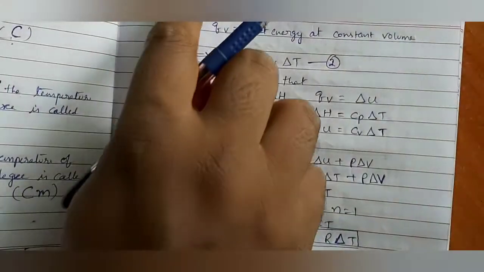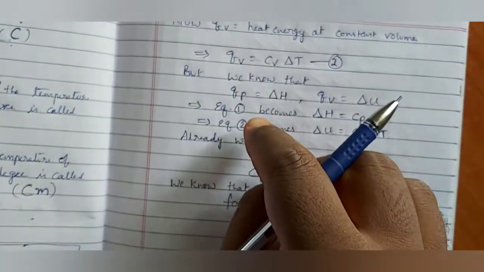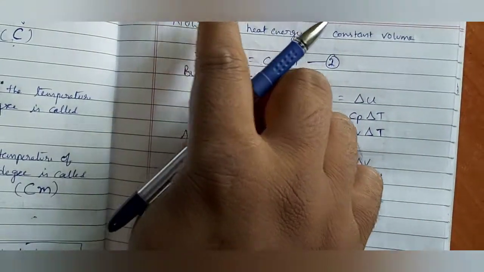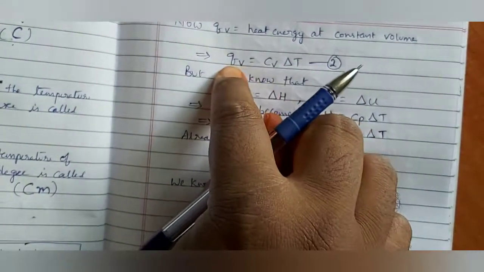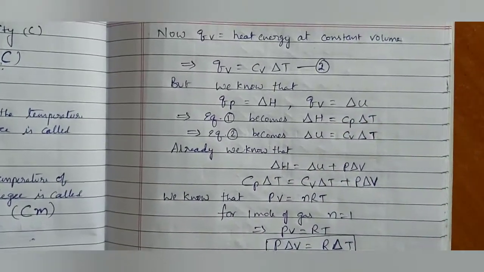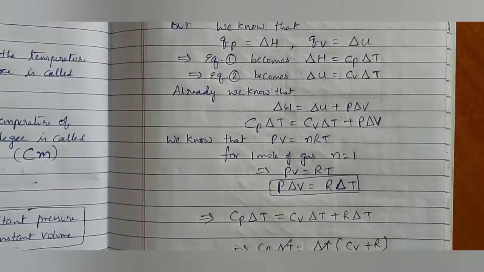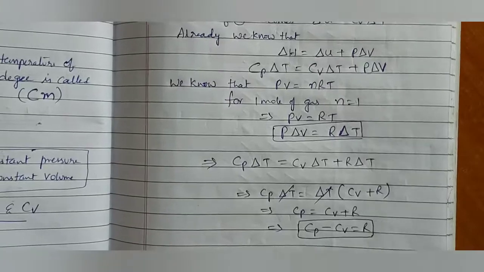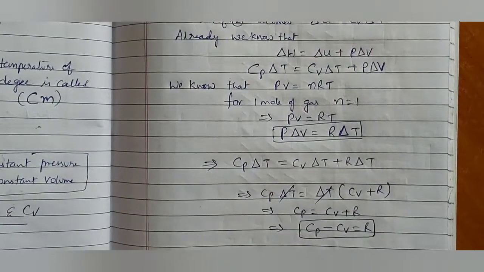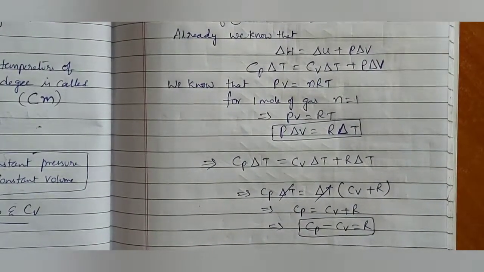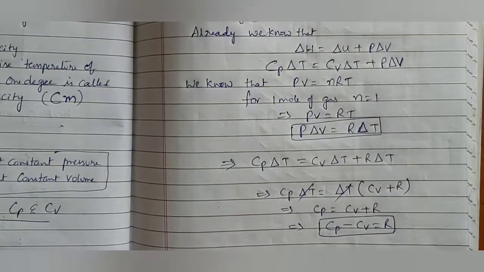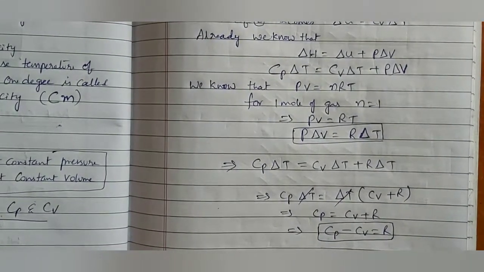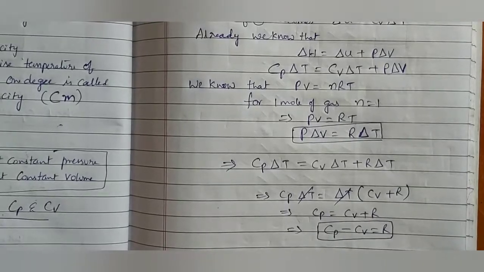We know that Qp is delta H and Qv is delta U. From that only we got this relation, Cp minus Cv is equal to R. I hope you are clear about this derivation.